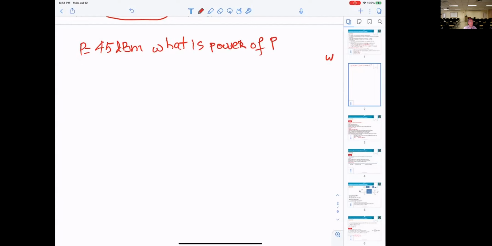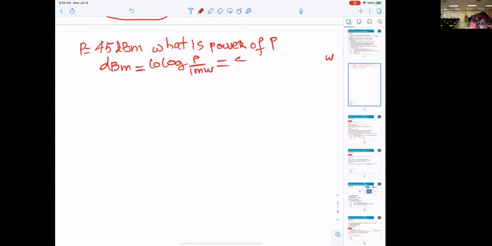Now they've given you 45 dBm. They want to know that to be in the watt, milliwatt, or kilowatt. Doesn't matter. But that's the unit of the power. So again, you understand dBm. Keep writing it down more and more. Then you can remember the formula: 10 times log of P over 1 milliwatt.